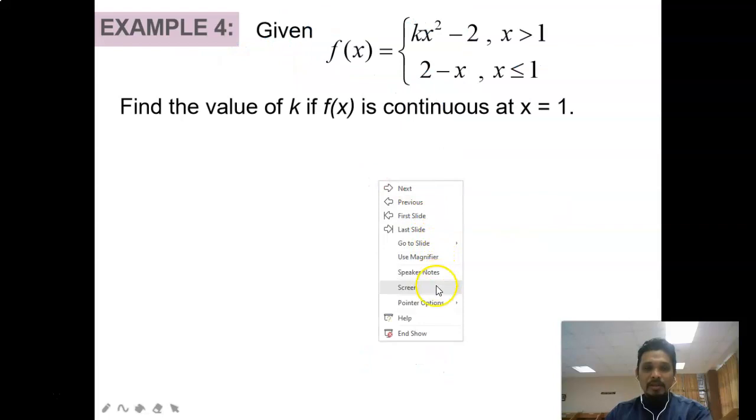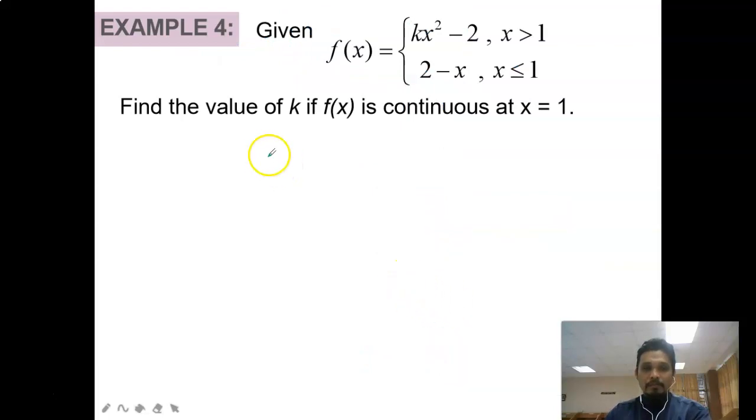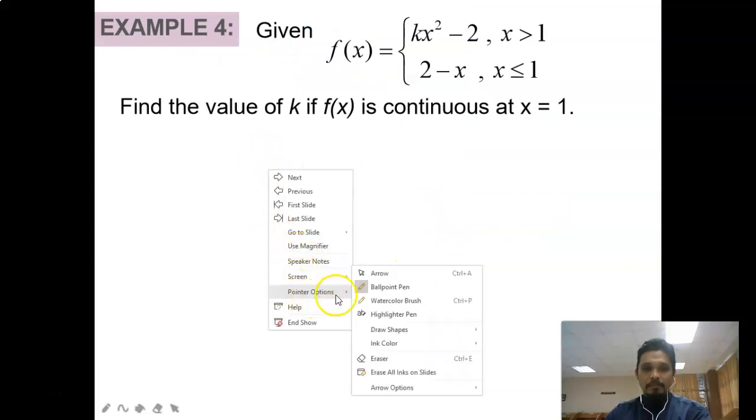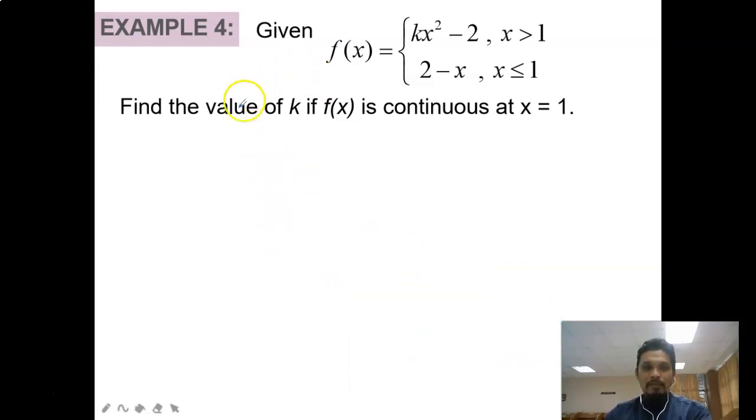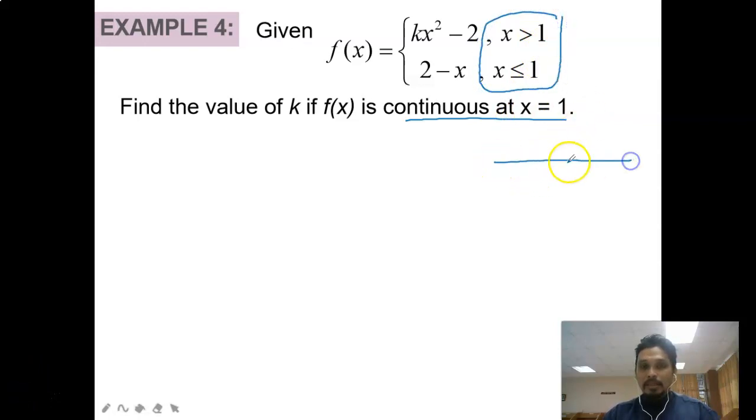Okay, so let's take a look at this one here now. Find the value of k, given f(x) here, find the value of k if f(x) is continuous at x equal to 1. Okay, so just imagine that we are focusing on a number line where x equal to 1.